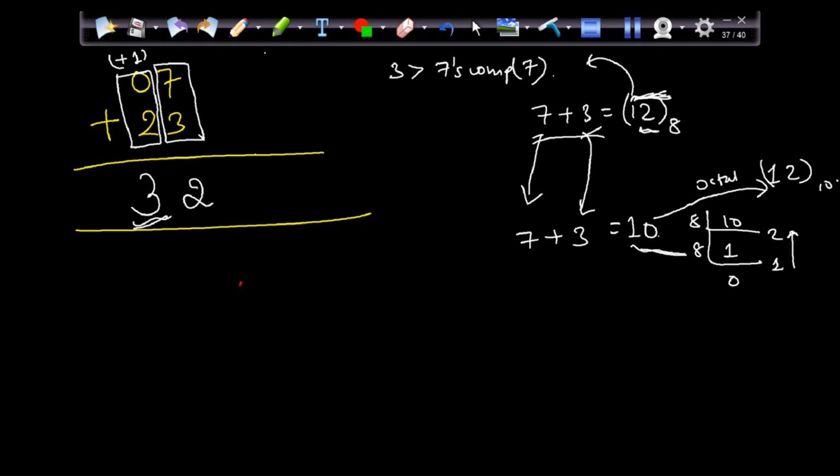Like in hexadecimal, when you are doing the addition using the carry method, at any place, let's say at place 16 to the power 1, if the numbers that you are adding are A and B, then what it means is that you are basically adding 10 and 11.